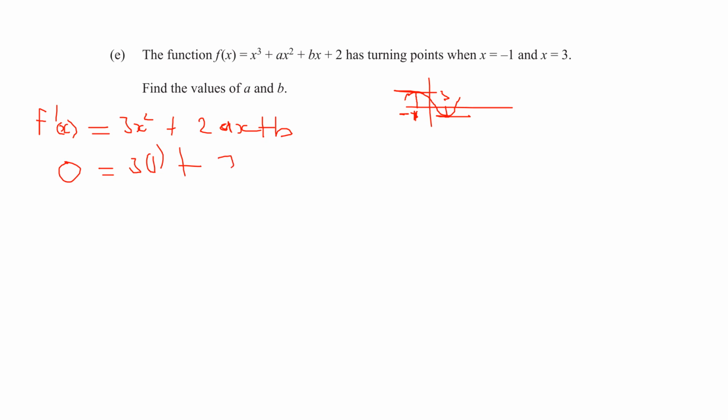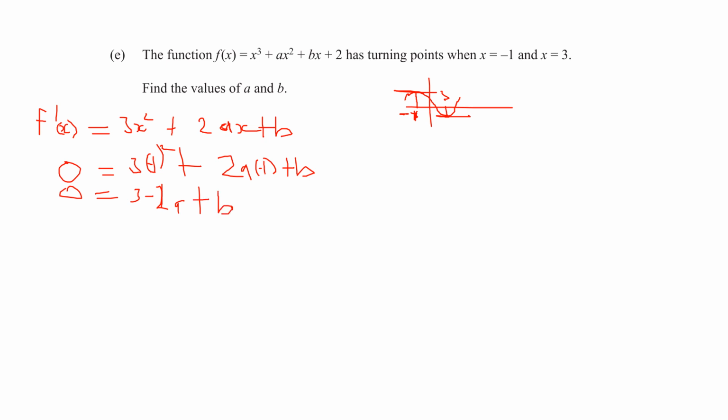So plus 2a, this is going to be minus 1 in here, plus b. So our first equation will be 0 is equal to 3 times minus 1 squared, which is 1, so it's 3, plus 2a times minus 1, so minus 2a, plus b.